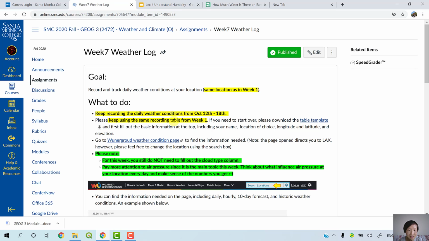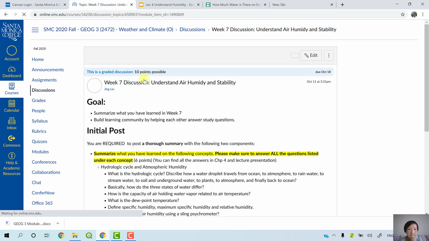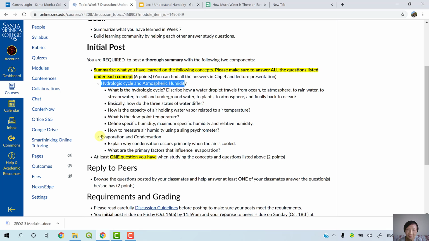As you can see here, let me go back for your summary. This week our focus actually is just here, this one. This one is the humidity. So you can see we are going to understand what atmosphere humidity is, and how the phase change in the hydrologic cycle is associated with it, and then focus on evaporation and condensation.